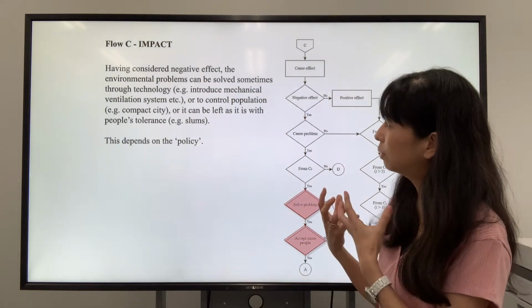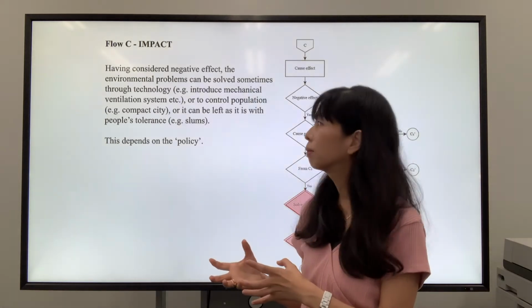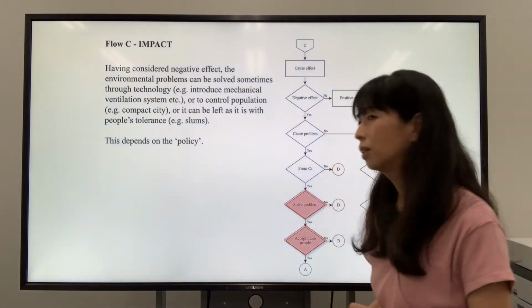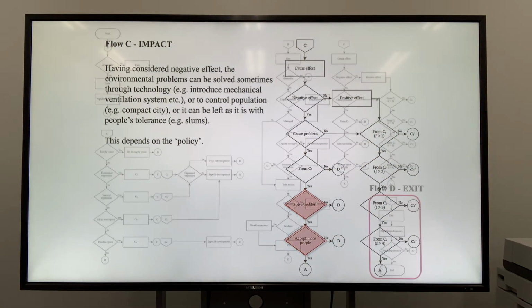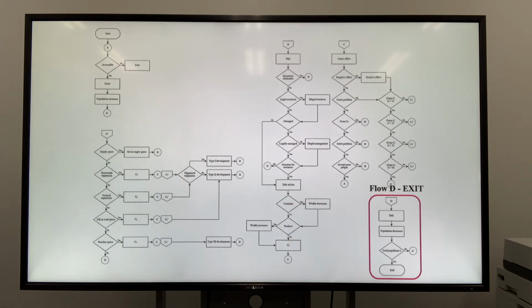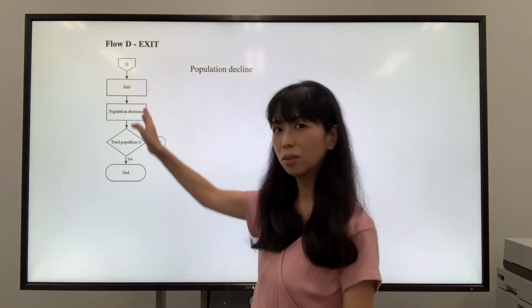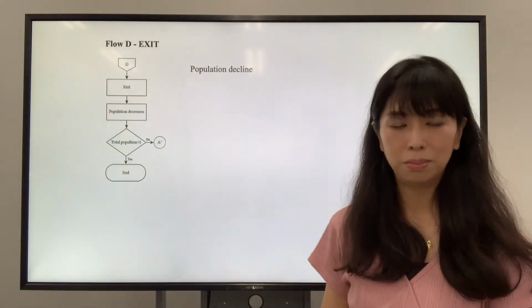Maybe from technique, or you can also do by controlling, or you can make some policy to improve the situation. Last one is easy. So when you go through this D flow, it means that you exit from the frame.